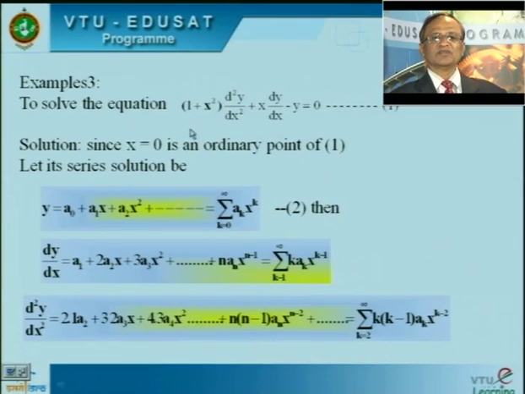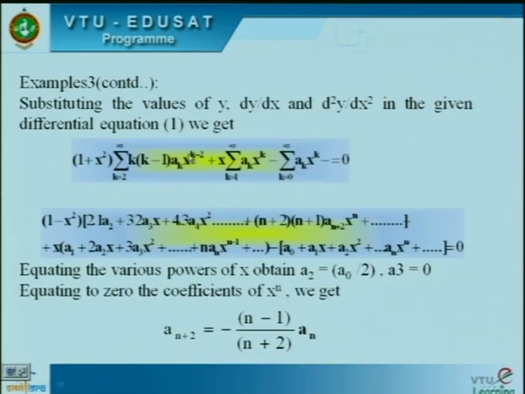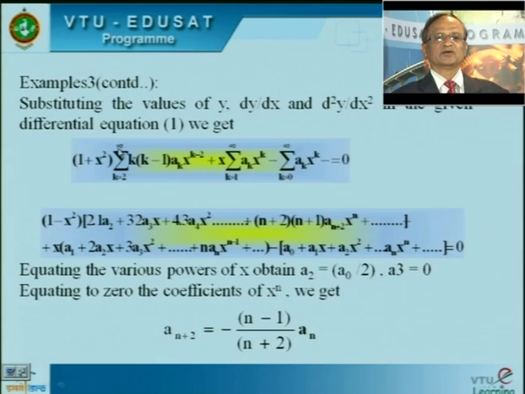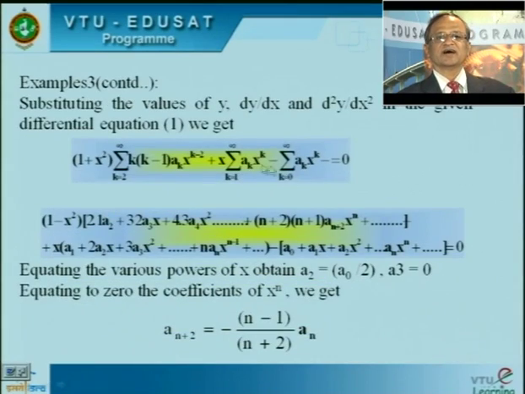So I have obtained the first derivative as well as the second derivative of the assumed solution, right? So now I will substitute all these values in equation number 1. So 1 minus x square into the value of d square y upon dx square, k varies from 2 to infinity, k into k minus 1 ak x to the power k minus 2, plus x into the value of dy by dx, k varies from 1 to infinity, k into ak x to the power k minus 1, so k into ak into x to the power k, right?